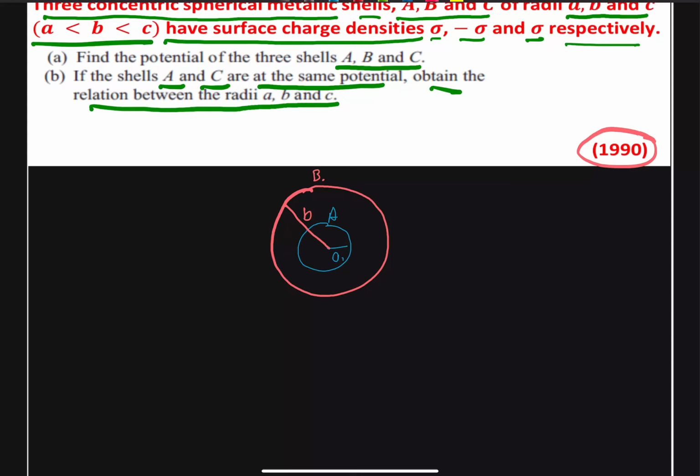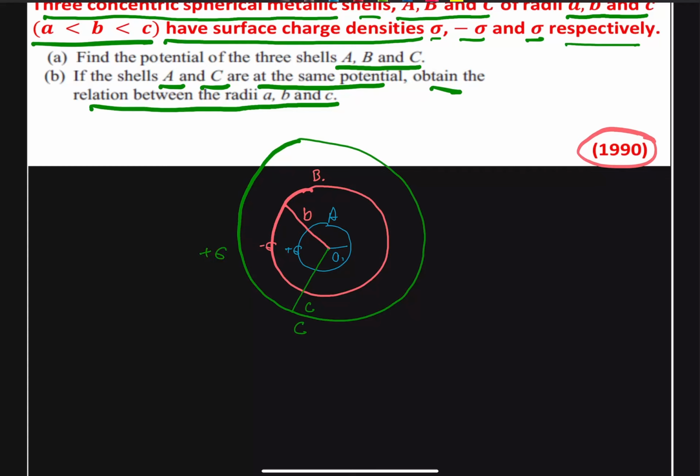And finally we have our shell C, having a radius of c. And their respective charge density for shell A is given as plus sigma, for shell B it is given as minus sigma, and for shell C it is once again given as plus sigma.